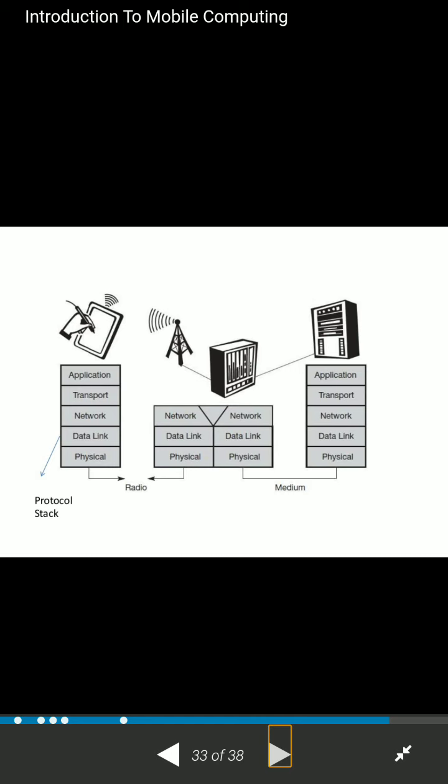What is the main purpose of each and every layer? We will learn about the application layer, transport layer, network layer, data link layer, and physical layer. But we are learning from the bottom to the top layer. From the sender side on the left and the receiver side, the same layers are communicating.